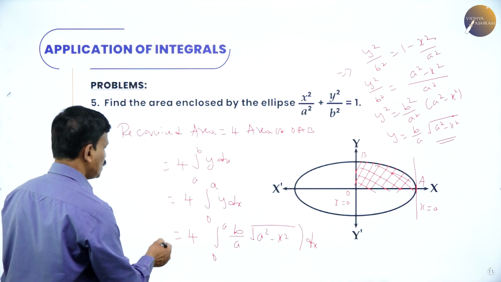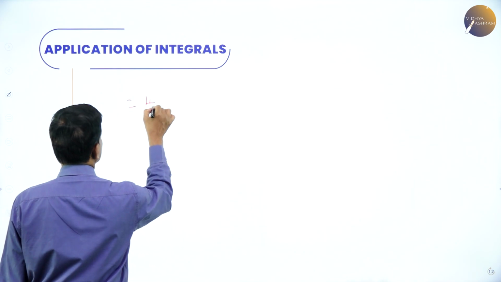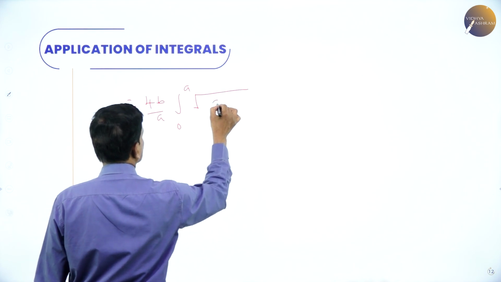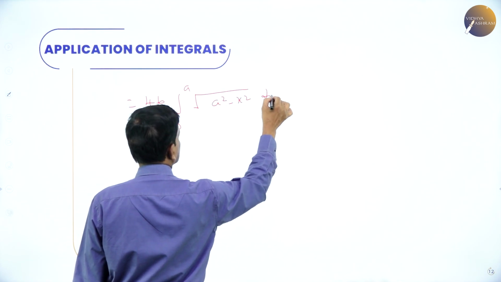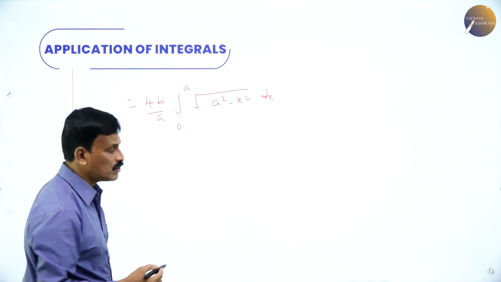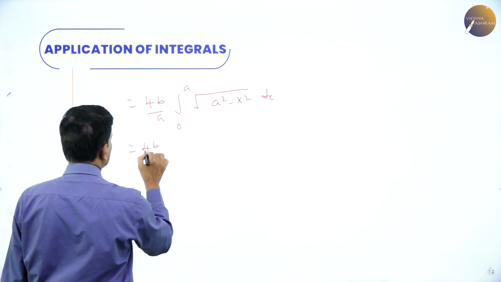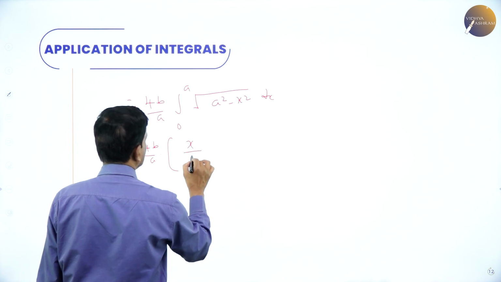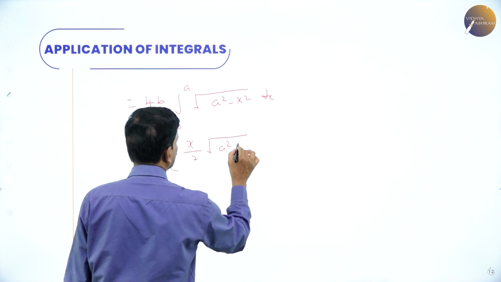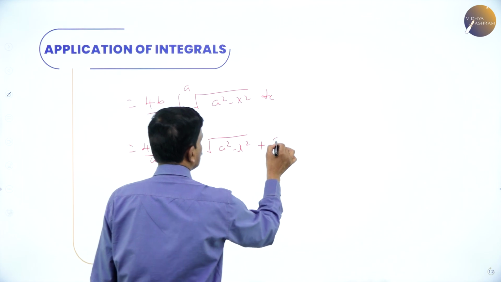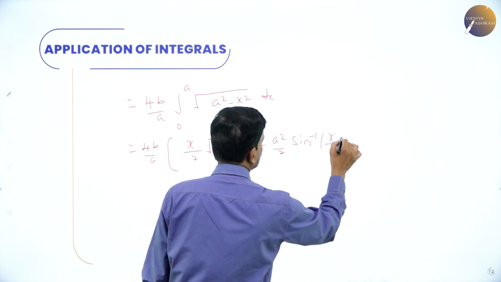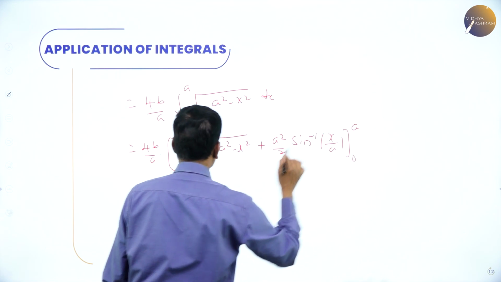Now this can be integrated. This can be written as 4b by a integral 0 to a into root of a square minus x square, same as that of the previous problem. Now this is 4b by a. What is the integral of root of a square minus x square? That is nothing but x by 2 into root of a square minus x square plus a square by 2 into sine inverse of x by a between the limits 0 to a.